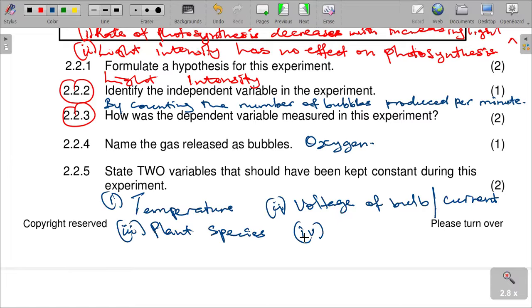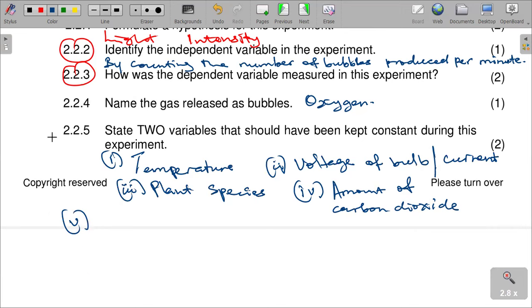We also need to make sure of the amount of carbon dioxide. We can also talk about the person counting the bubbles. I'm sure that you know when we are doing investigations, we mustn't change the people who are responsible.